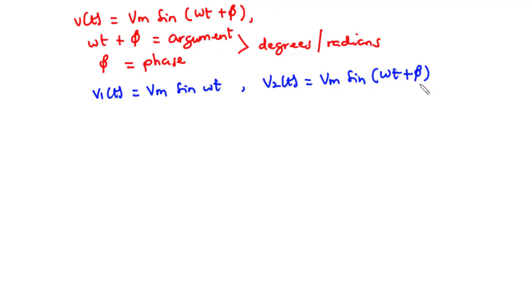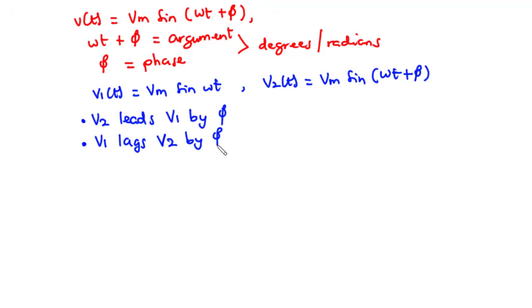So what do you think actually happens here? Now what happens here is that since V2 has a phase of phi, it means that V2 occurs first in time. Therefore, V2 is said to lead V1 by phi. Now we can as well say that V1 lags V2 by phi.